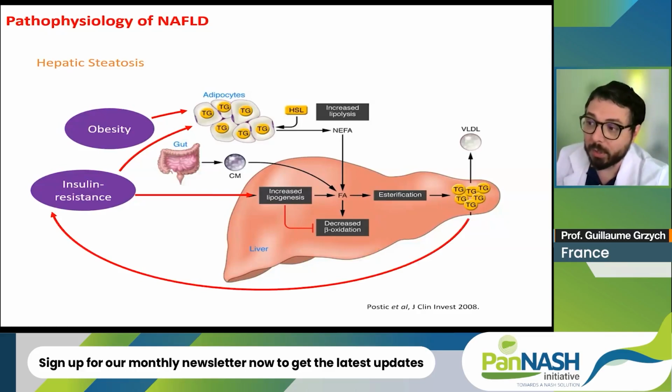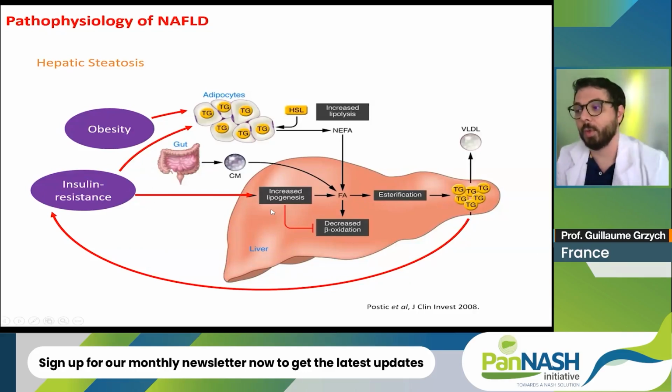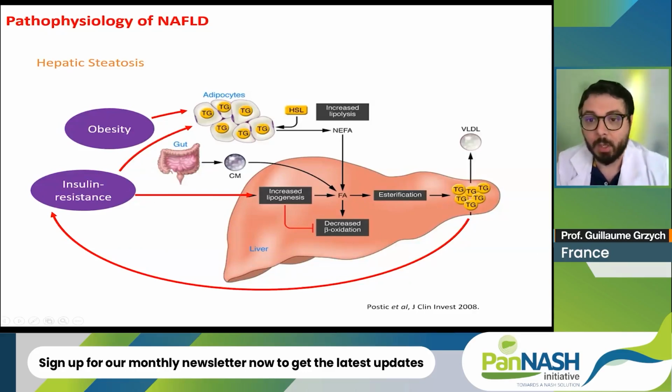And when you have this accumulation of triglycerides in the liver, insulin resistance is also increased. So it's like a vicious circle. For our biomarkers in hepatic steatosis, it's important to take into account triglycerides and obesity.